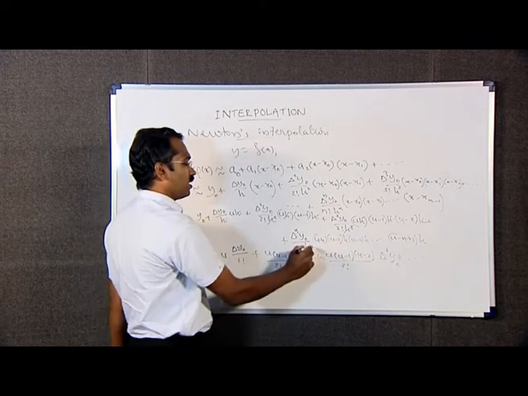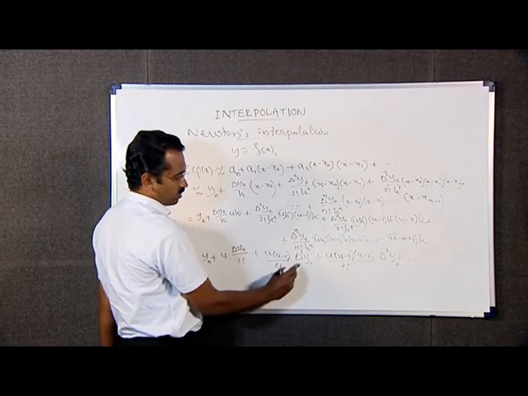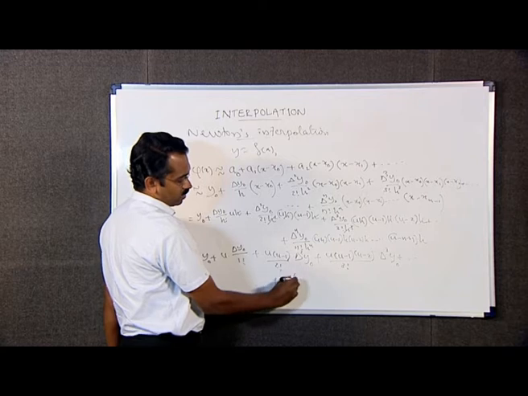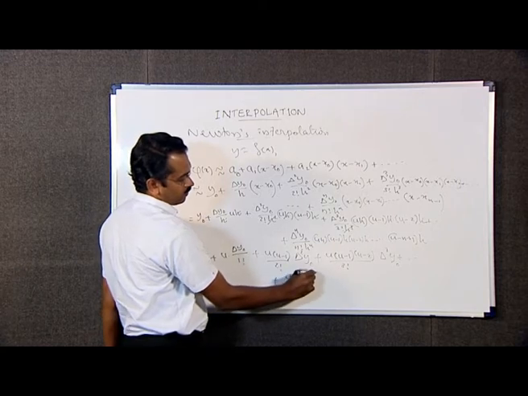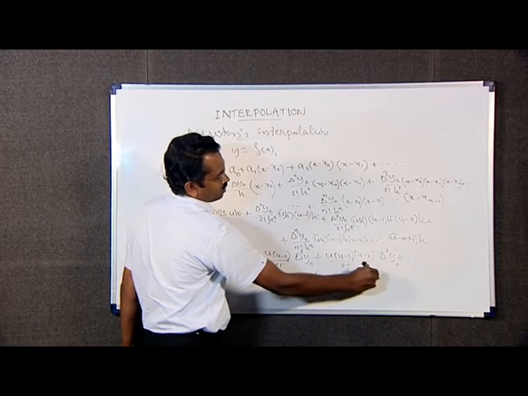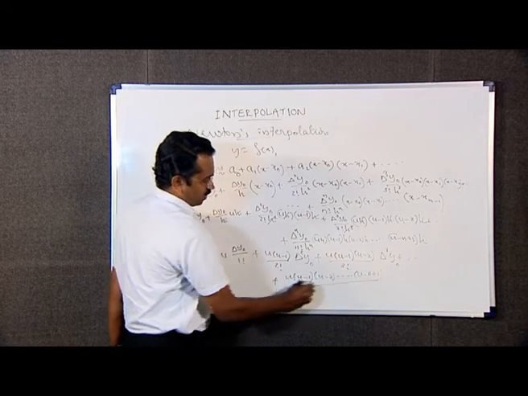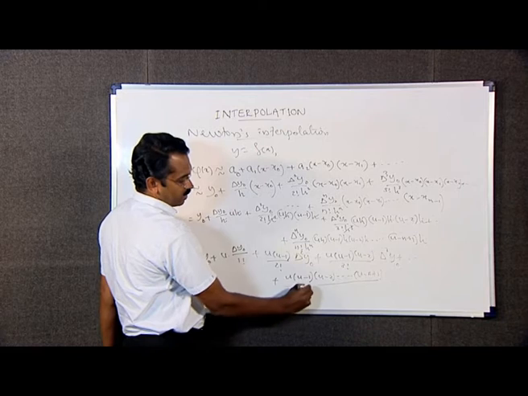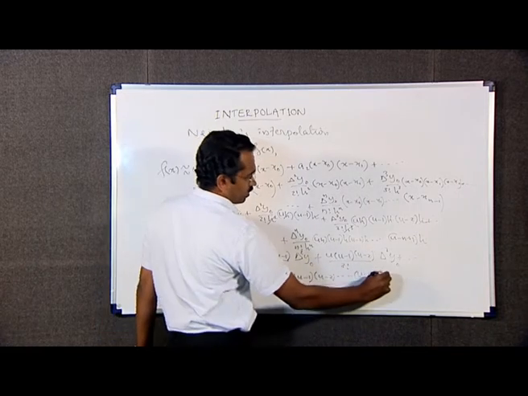Therefore, h raised to n and this h raised to n cancelled. The remaining is u into u minus 1 into u minus 2 etc. u minus n plus 1 all divided by n factorial delta raised to n y naught.